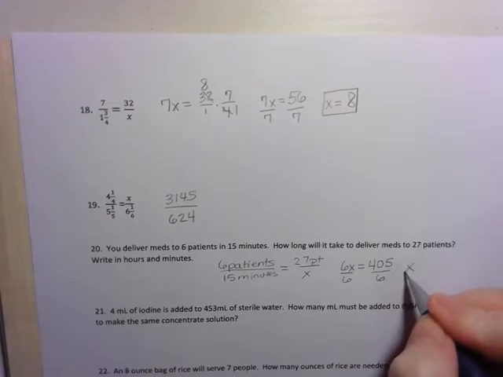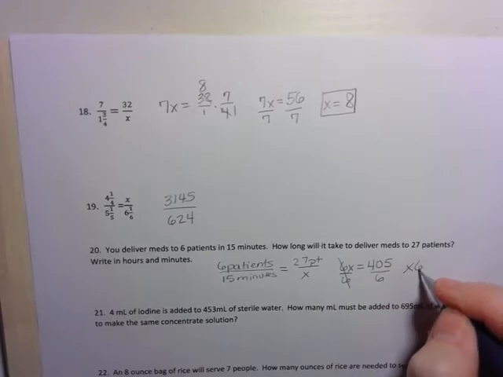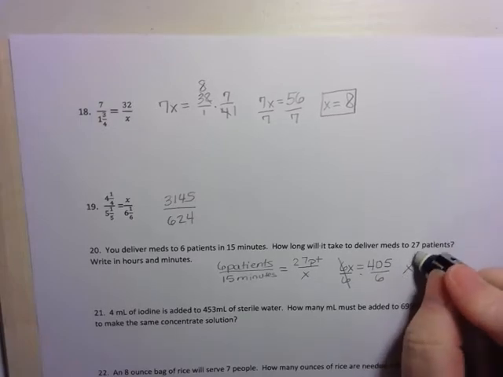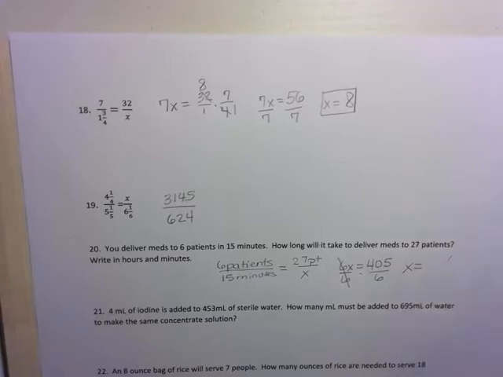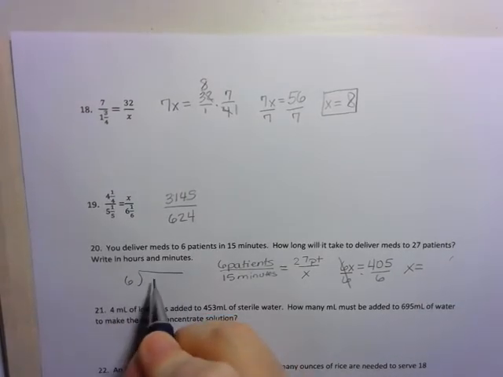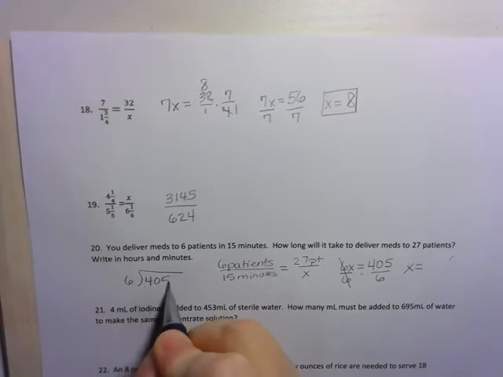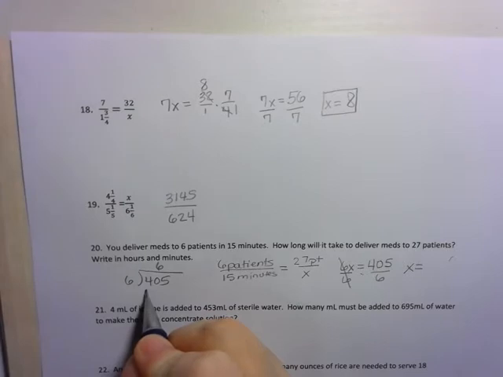6 divided by 6 is 1. So I would just go 6. 6 goes into 40 6 times, which is 36.